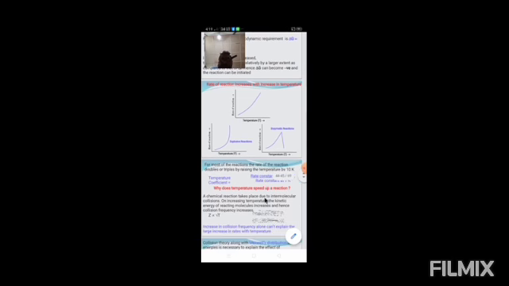A chemical reaction takes place due to intermolecular collisions. On increasing the temperature, the kinetic energy of the reactant molecules increases, and hence the collision frequency increases. That is, Z is directly proportional to the square root of T. Increase in collision frequency alone cannot explain the large increase in the rate with temperature.